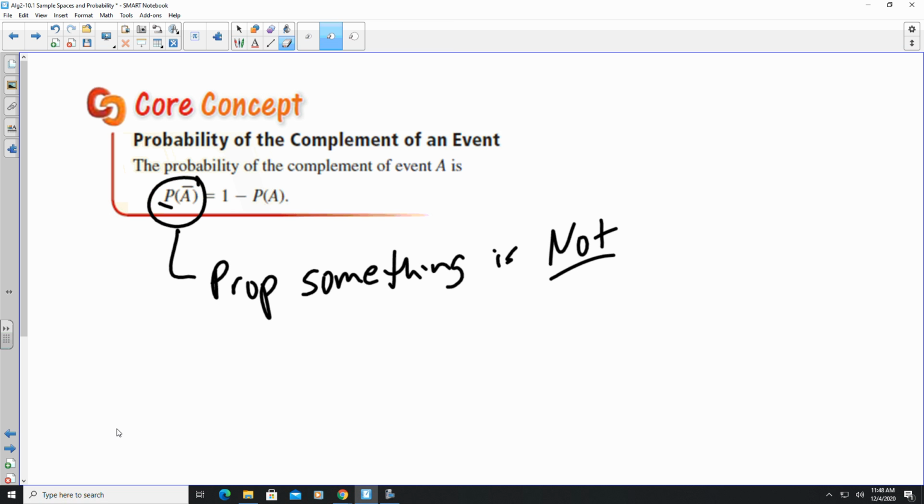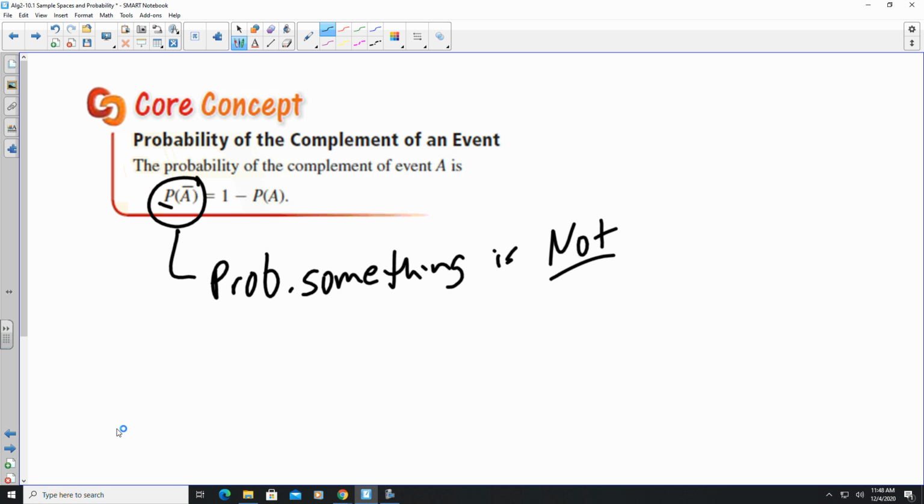The probability of something not happening, the equation you're going to use is 1, because there's a 100% chance of something happening, subtracted by the probability of that happening.